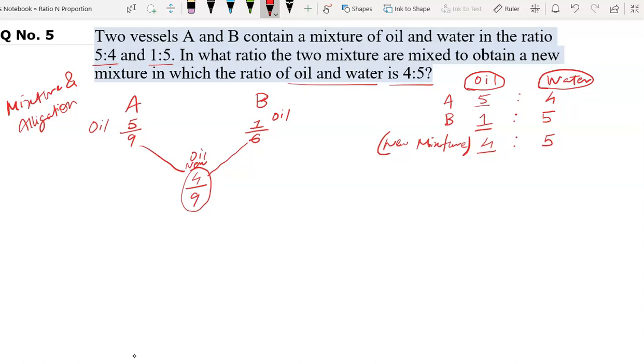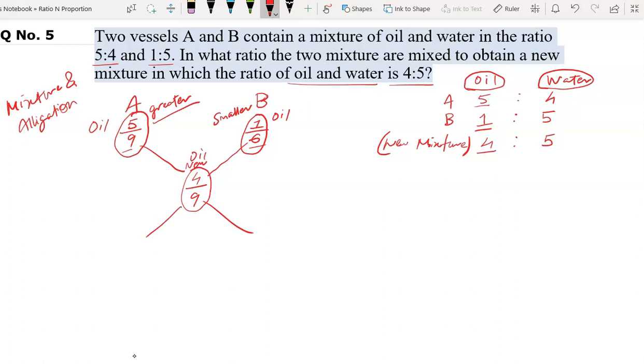Now in this question, this 4 by 9 will be either smaller or greater than this or this. So one will be smaller and one will be greater. Here we see that 5 by 9 is greater, so this 1 by 6 will be smaller. This is greater than 4 by 9 because it's 5 by 9 and this is 4 by 9. So if this is greater, then this will be smaller.